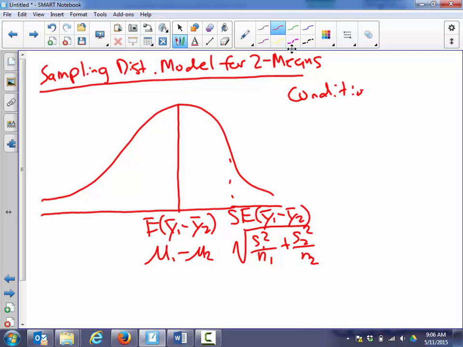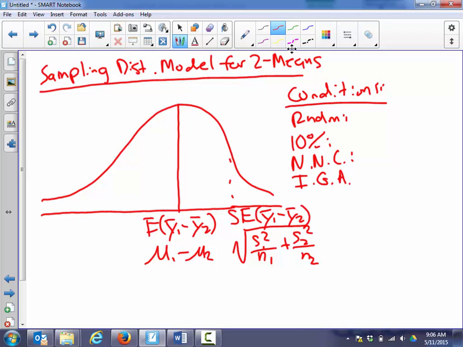All right. So conditions when you're talking about a sampling distribution model for two means are the following. You've got randomization, you've got 10%, you've got the nearly normal condition, and you have an independent groups assumption. Okay?